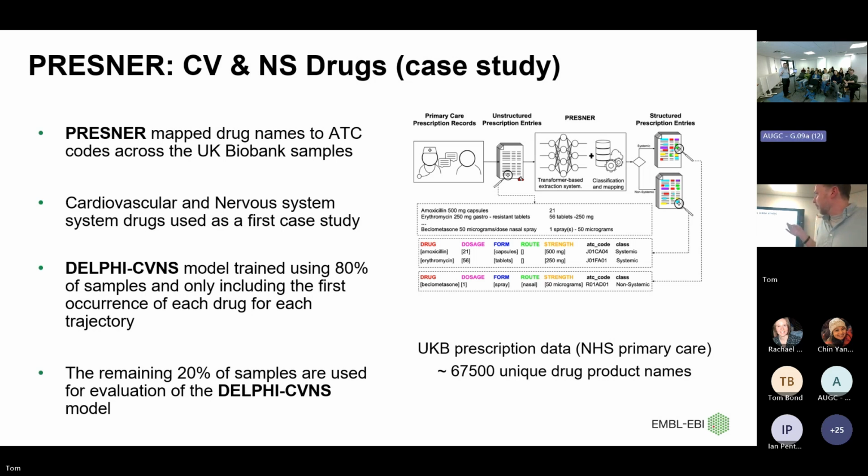And we did that for cardiovascular drugs and nervous system drugs as a first use case. We then trained a new model, which we call DELPHI CVNS, for cardiovascular nervous system drugs, using classical 80% training, 20% validation.